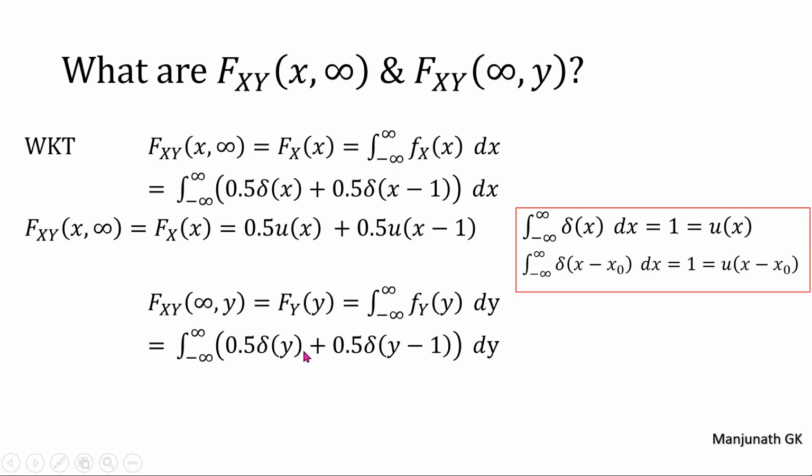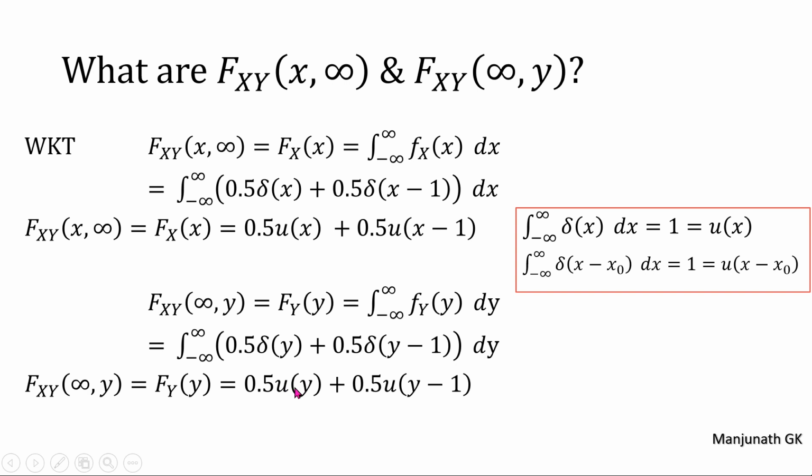The integration of delta of y with respect to y is u of y, that is written here. The integration of delta of y minus 1 into dy can be replaced by u of y minus 1. So Fy of y and Fx of x are calculated. They are nothing but the single random variable cumulative distribution functions.